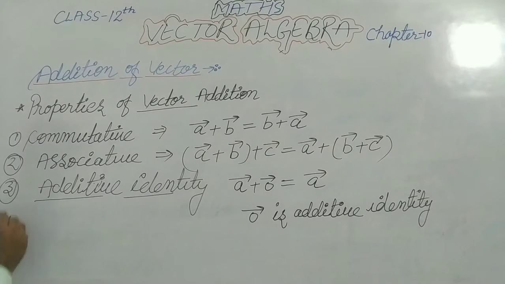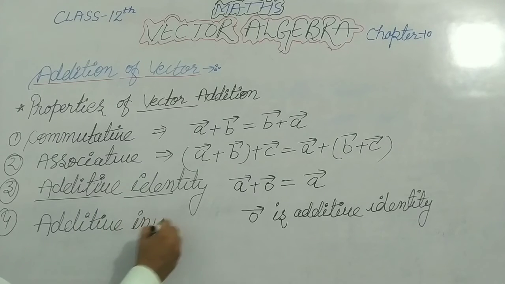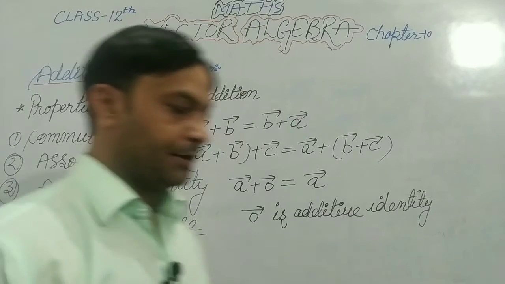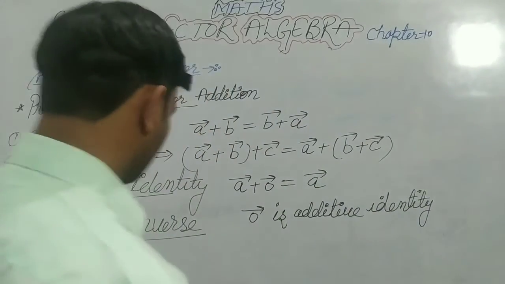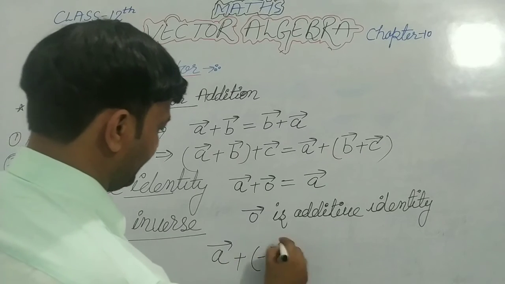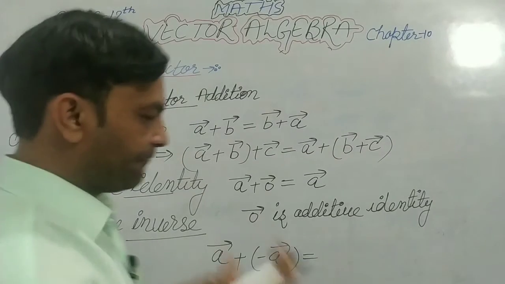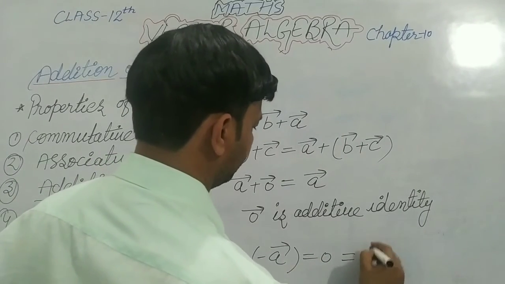Now fourth we have additive inverse. So what is the additive inverse? An inverse which gives the identity. So if we add minus A to A, if we add vector A and vector minus A, we will get 0, isn't it?